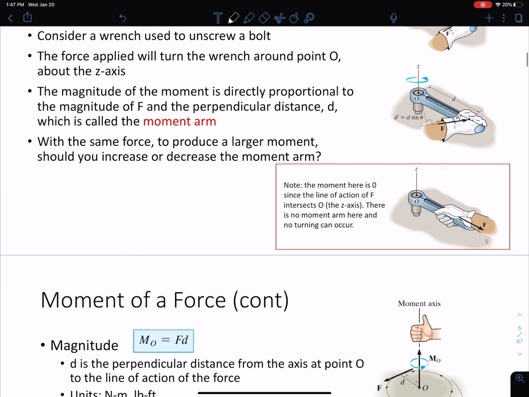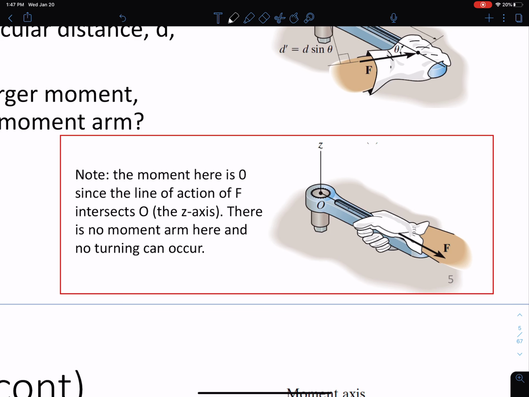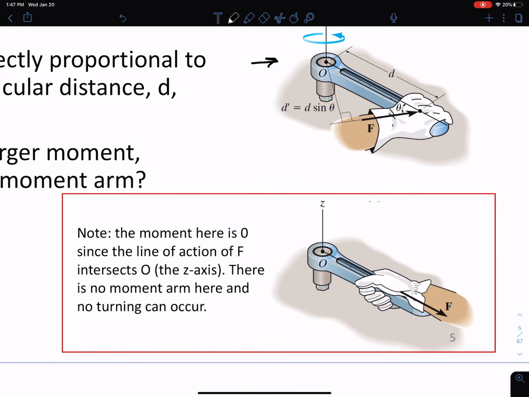Oh, I also want to bring your attention to something else here. This is very important. I have this highlighted in this red box here. Now, the same wrench and the same person. What happens if instead of applying the force along this line shown in the top picture, I apply it along the axis that intersects O? Nothing happens in terms of rotation, right?